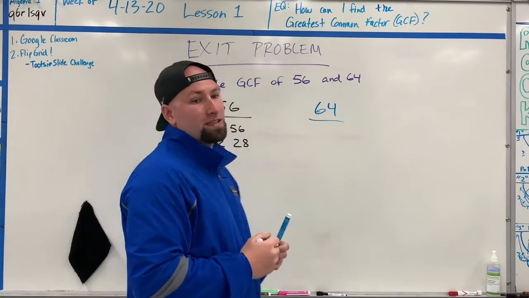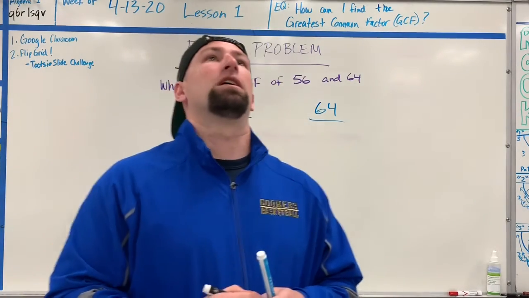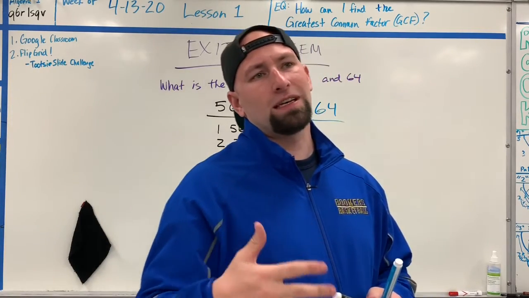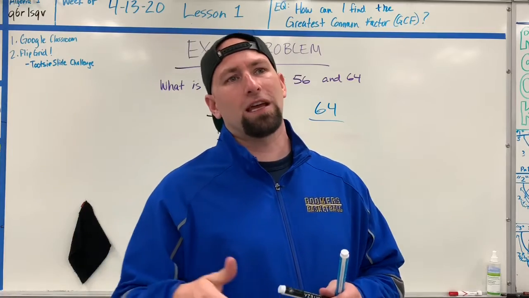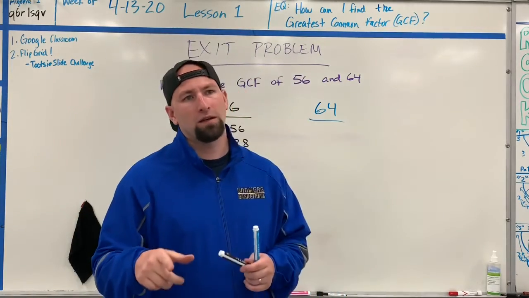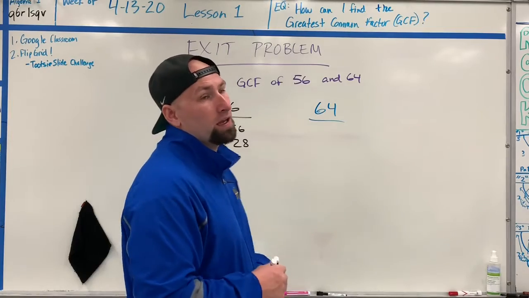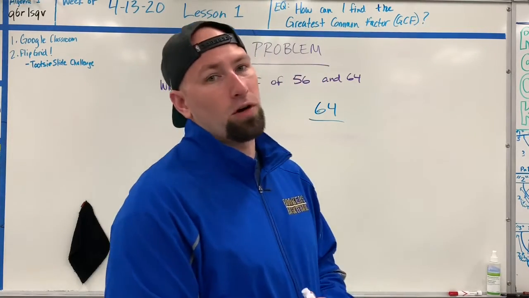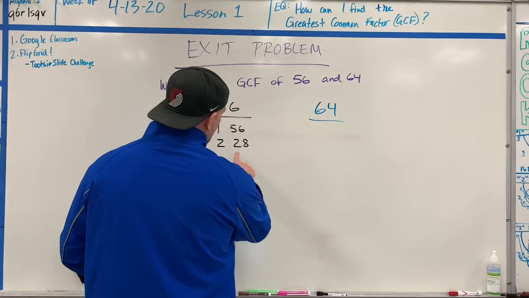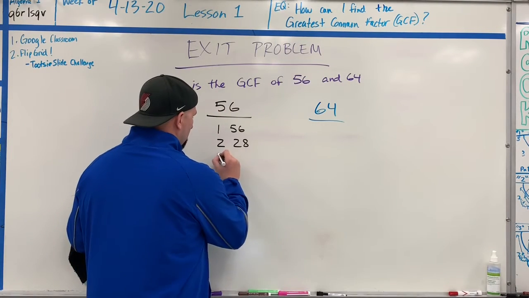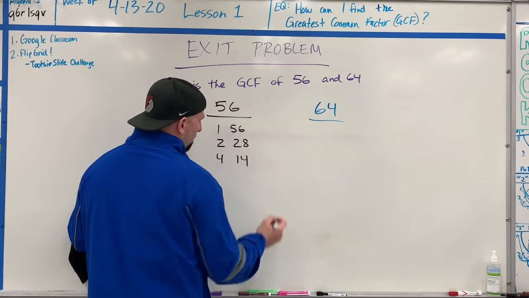Now, can 56 be divided by 3? 33, 36, 39, 42, 45, 48, 51, 54, 57. No. Okay. How about 4? I think it can, because it'd be half of this. So it'd be 4 and 14.